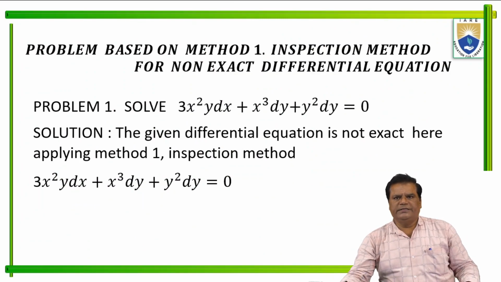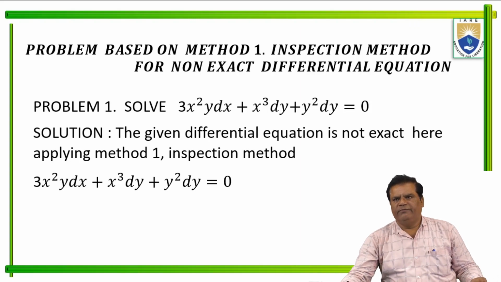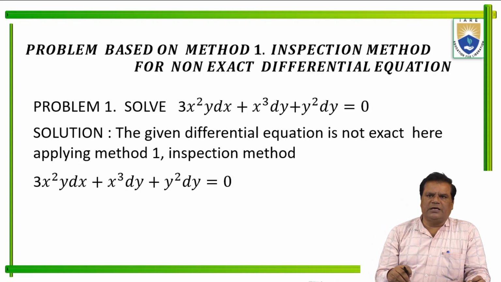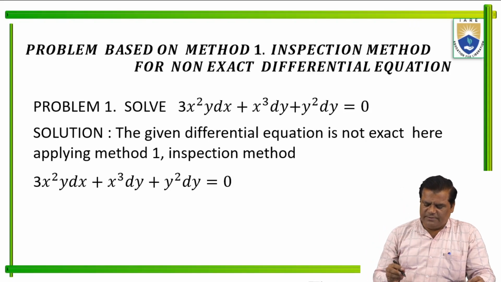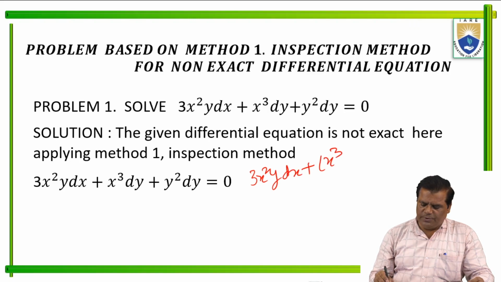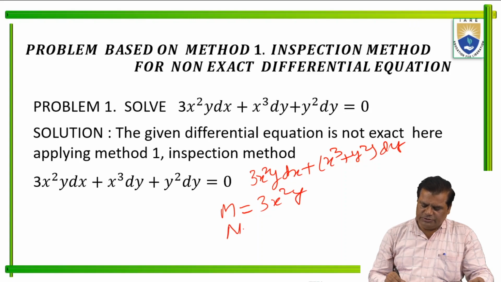Here we discuss a problem based on method 1, the inspection method, for a non-exact differential equation. If we check this differential equation, suppose I am checking here: 3x square y dx plus x cube plus y square dy. Here M is 3x square y and N is x cube plus y square.